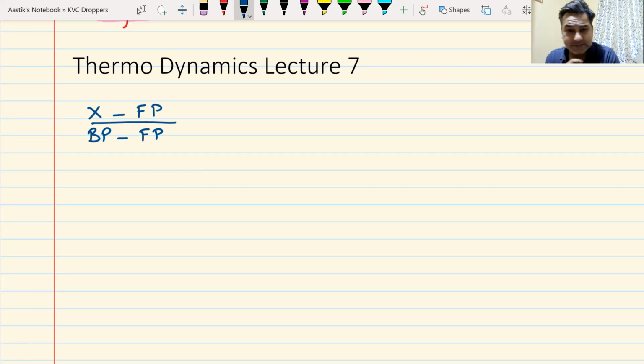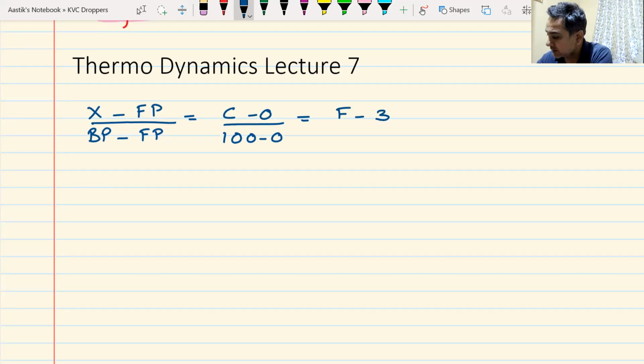For Celsius scale, the formula becomes C minus 0 upon 100 minus 0. For Fahrenheit scale, the formula becomes F minus 32 upon 212 minus 32.